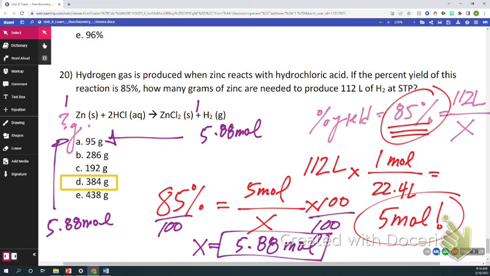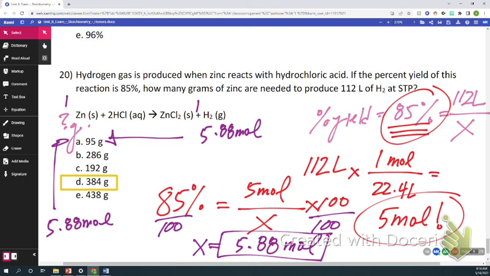So this question was pretty difficult. They asked how many grams of zinc you need in order to produce 112 liters of H2. That's how much you actually want to produce, even though this reaction is only 85% yield. This reaction can only yield 85% ever. So if you need to get 112 liters, you have to grab more than that, theoretically.